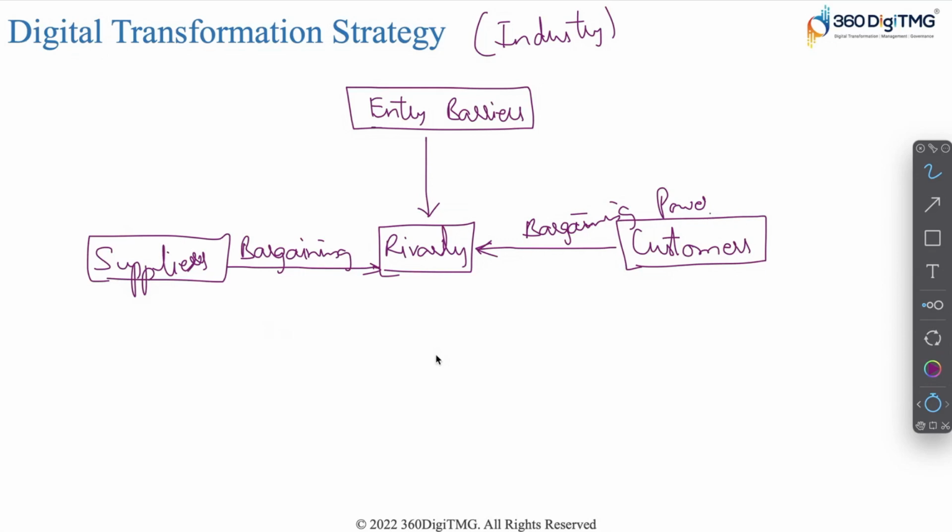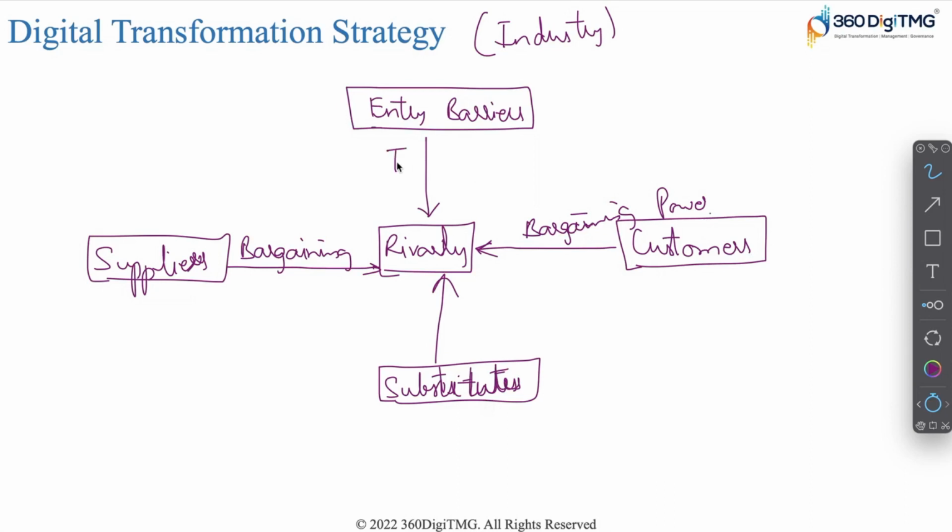And then you need to look at your substitutes. Are there any new products or services which are going to act as a substitute for your product?